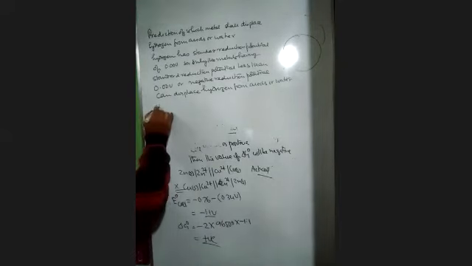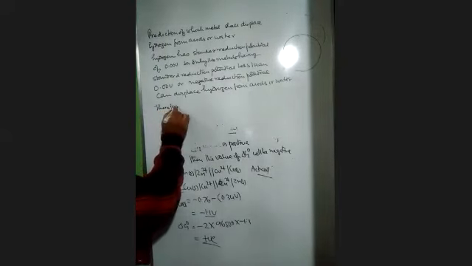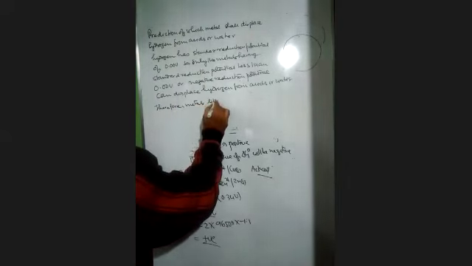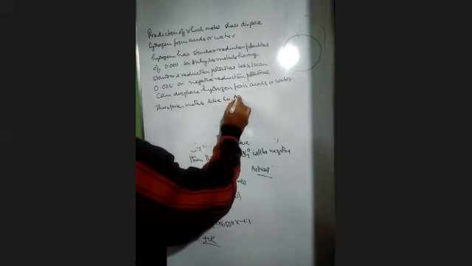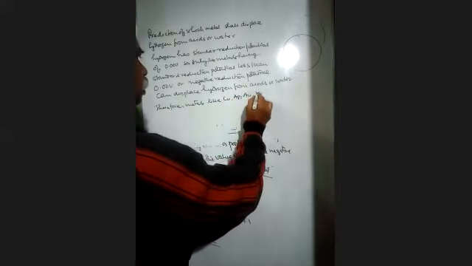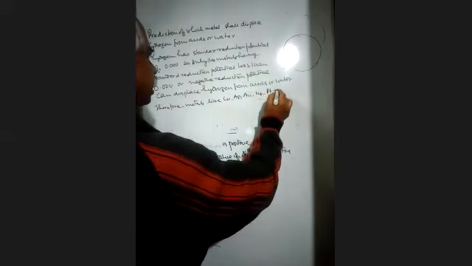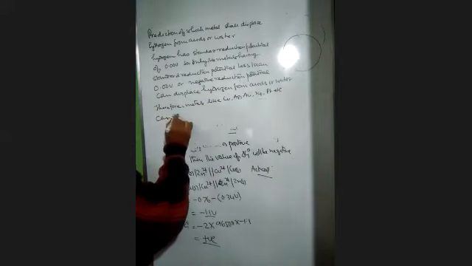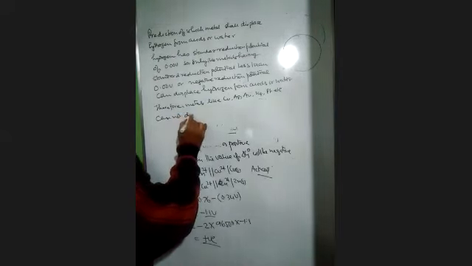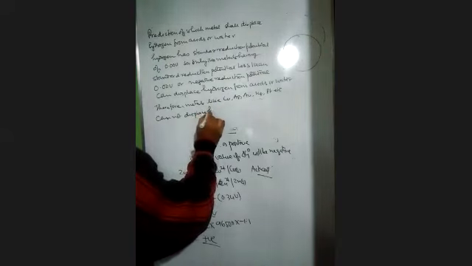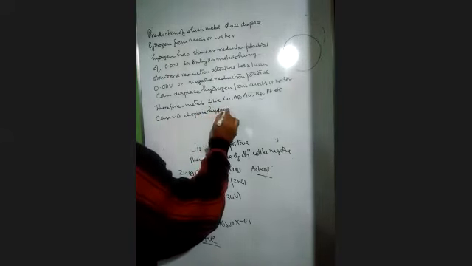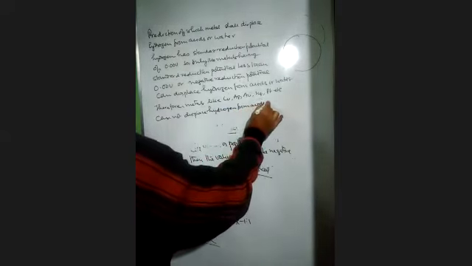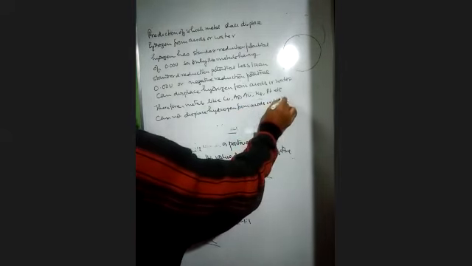Therefore, metals like copper, silver, gold, mercury, platinum, etc. cannot displace hydrogen from acids or water.